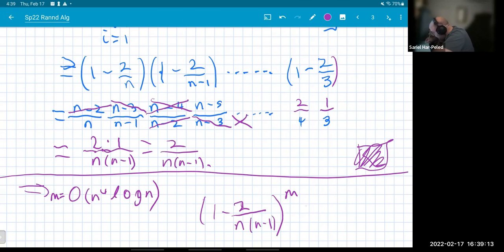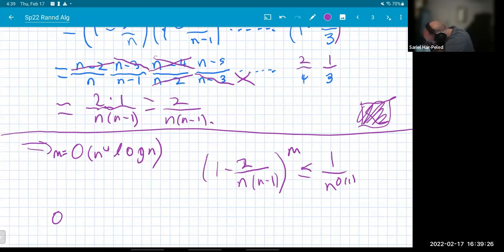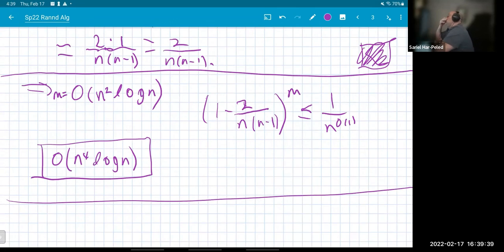Using standard calculations, this is going to be smaller than 1 over n to the polynomial, which implies the running time that I claimed. The n fourth, I meant n squared, which leads immediately to n to the 4th log n. Okay. So this running time is not great. It's kind of bad. The algorithm is beautiful and simple and elegant.